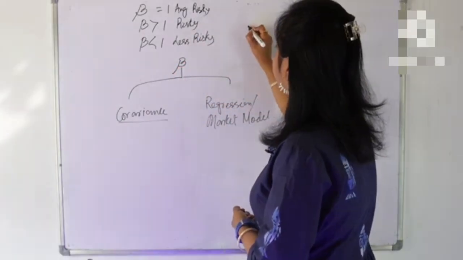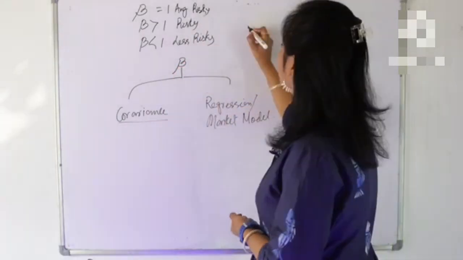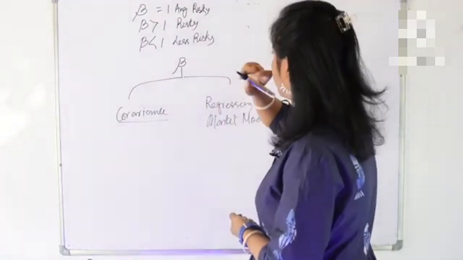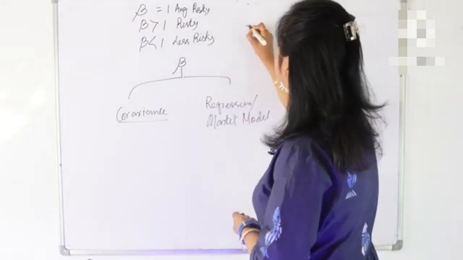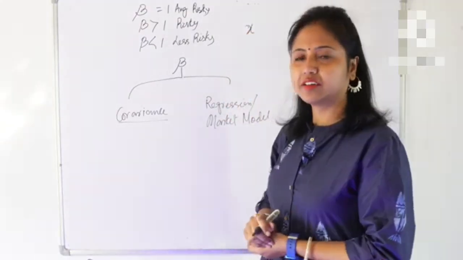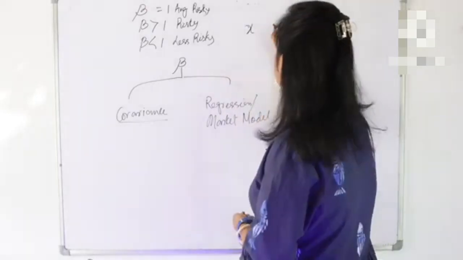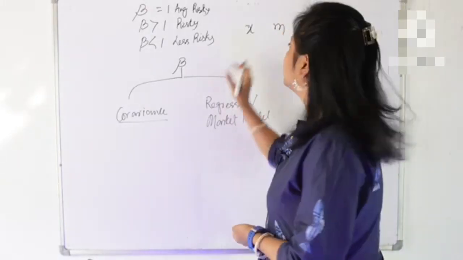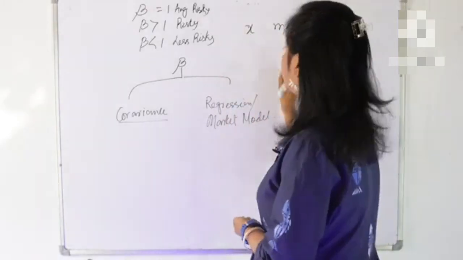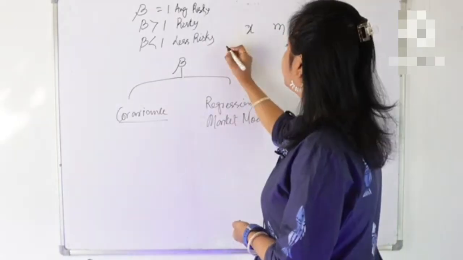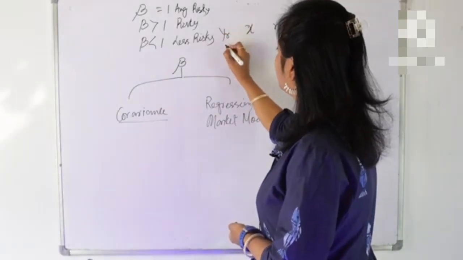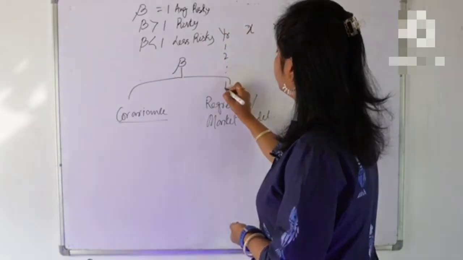The covariance method is a statistical measure. Suppose in our question we have a share price X and market returns M. The individual stock return and market return are given to us, for example for a period of 1 to 10 years.